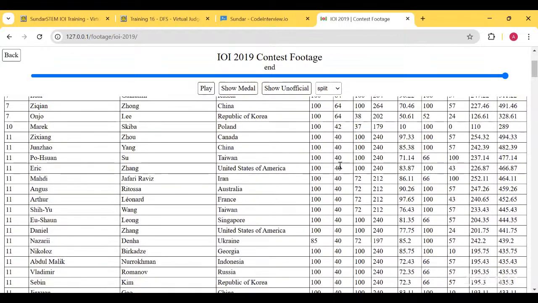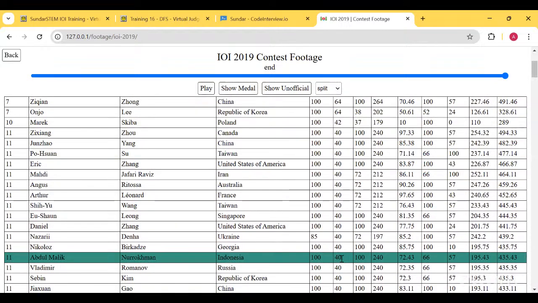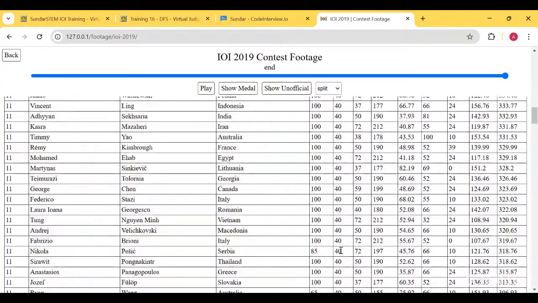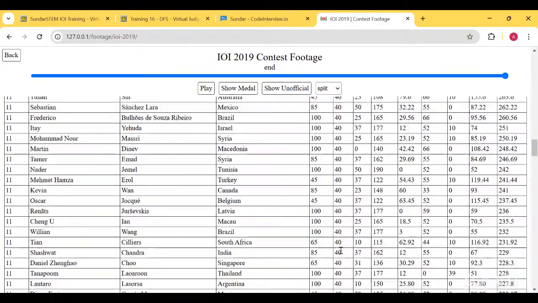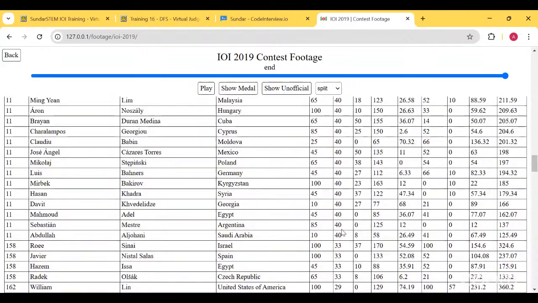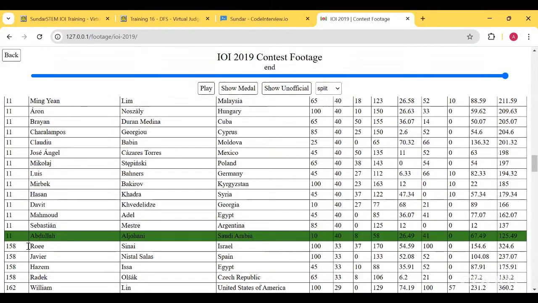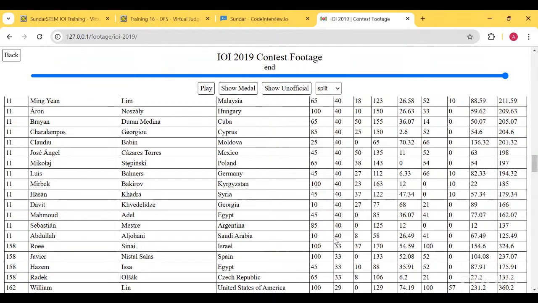And me, I just got 14, and the majority of the participants got 14. Sorry, 40. Even until 157, I think, 157 got 40.